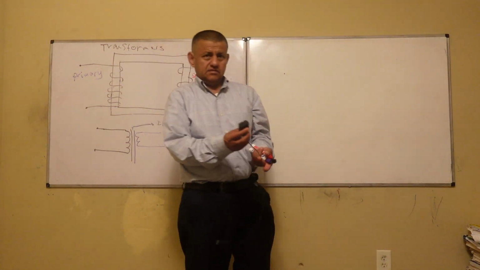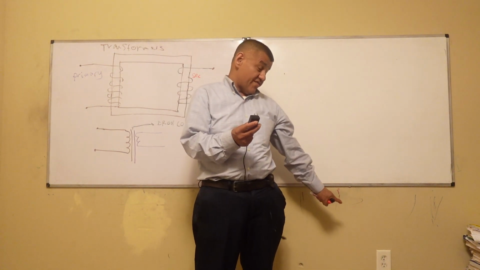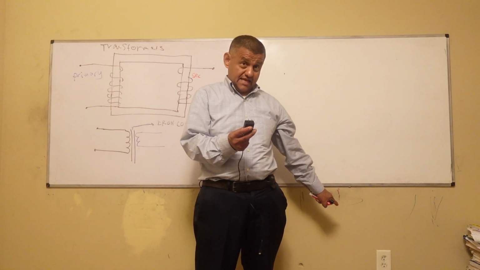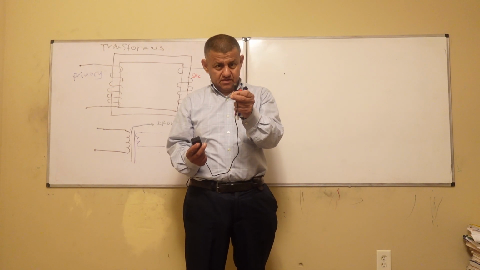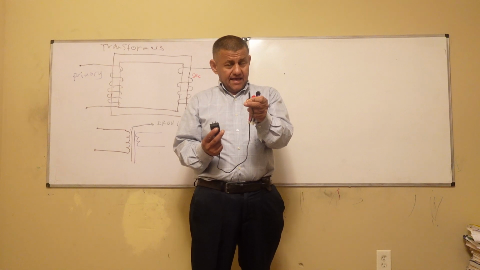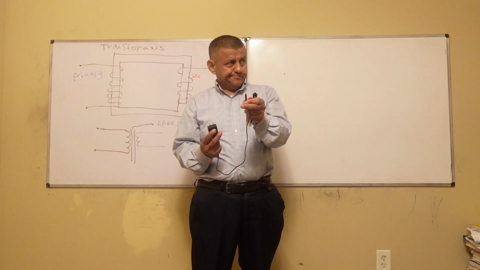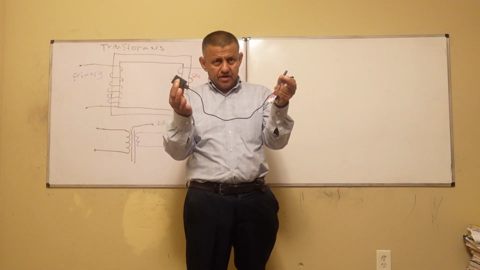See this? When I plug in these two things in there, if I don't plug in a phone to this, or I don't plug in any type of device, I have an open circuit. I don't have a load. This is not a load.